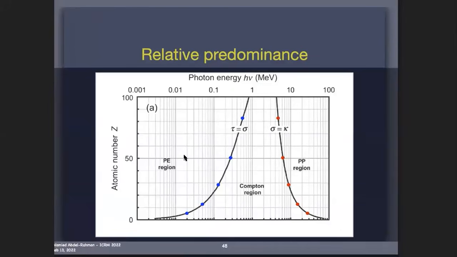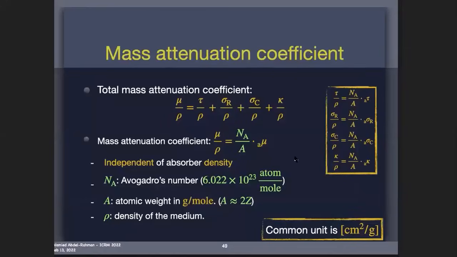So these two lines divide the plot into regions. The mass coefficients are just multiplied by NA over A. Essentially, it's the cross sections per gram from the atomic cross sections.